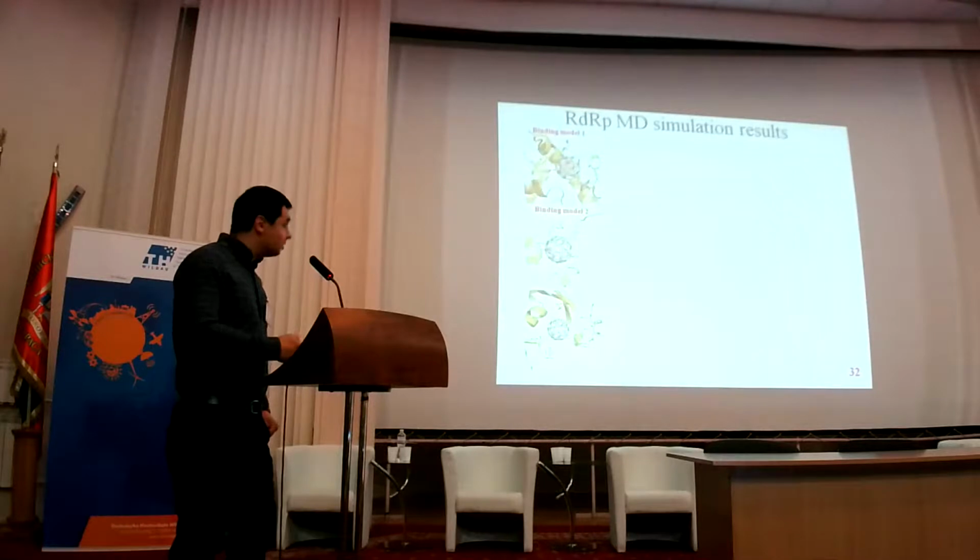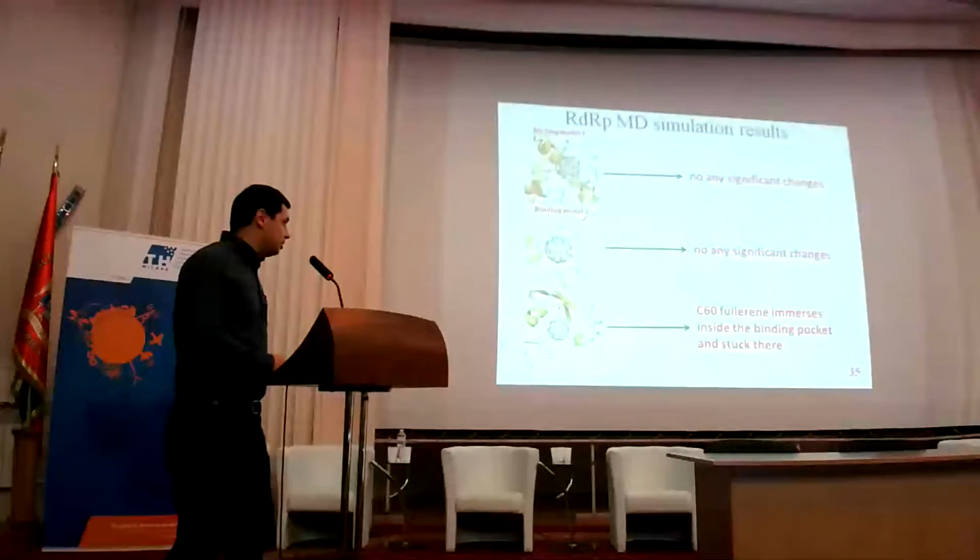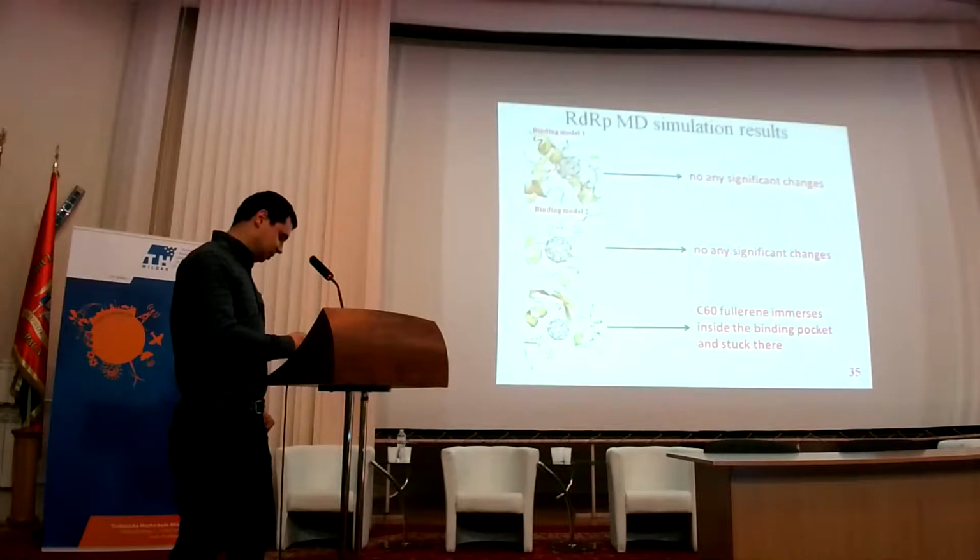And about the RNA-dependent RNA polymerase: for the first pocket, no significant changes were observed. For pocket number 2, we have the same situation. For pocket number 3, everything was interesting because, as we expected, carbon-60 fullerene started to immerse inside the binding pocket, and except for some steric interaction with the amino acid environment, we started to see steric interaction.